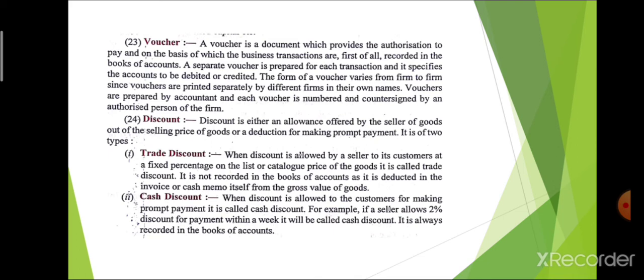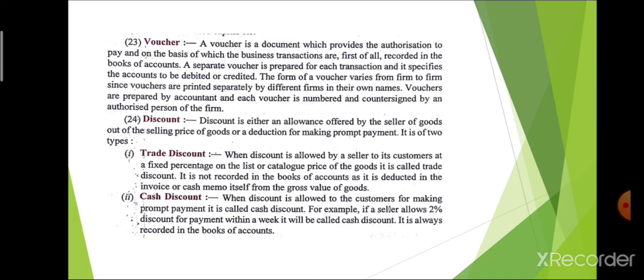First of all, trade discount. When discount is allowed by a seller to its customer at a fixed percentage, that is considered as trade discount. But cash discount is different from trade discount. Cash discount is only provided to the customer who makes the payment in cash.